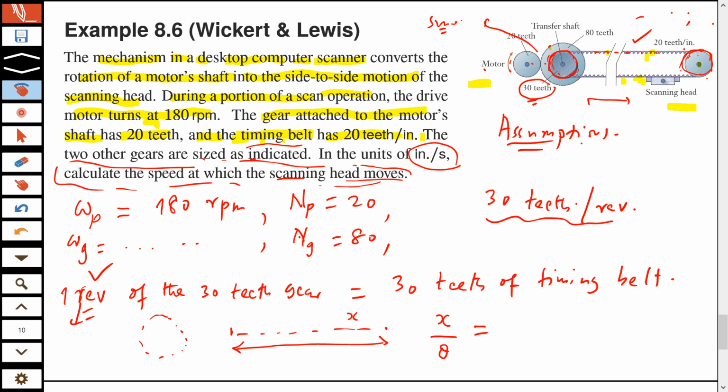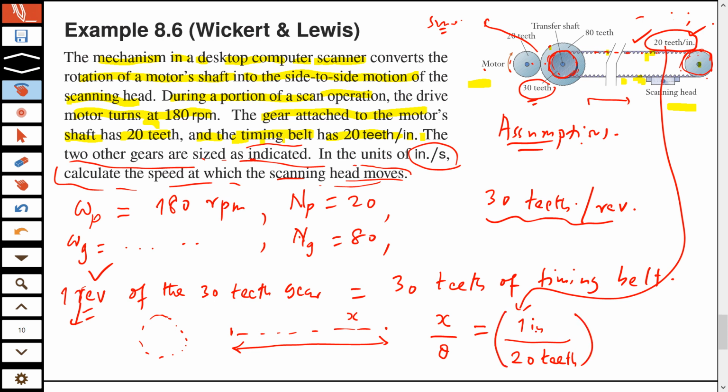Now, if you look at this 20 teeth per inch, that gives me something. I cannot write 20 teeth. I have to write 1 inch divided by 20 teeth. Are you getting me? Because 1 inch horizontal distance is covered by 20 teeth.